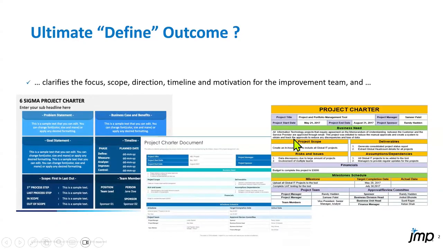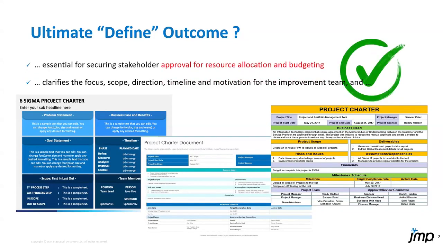The ultimate define phase outcome is our project charter. Right. The project charter clarifies the focus, scope, direction, timeline, and motivation for the improvement for the team. Another very important thing is that it is essential to secure our stakeholders' approval so that we can get the resource allocation and budgeting to carry on our Six Sigma project, right?